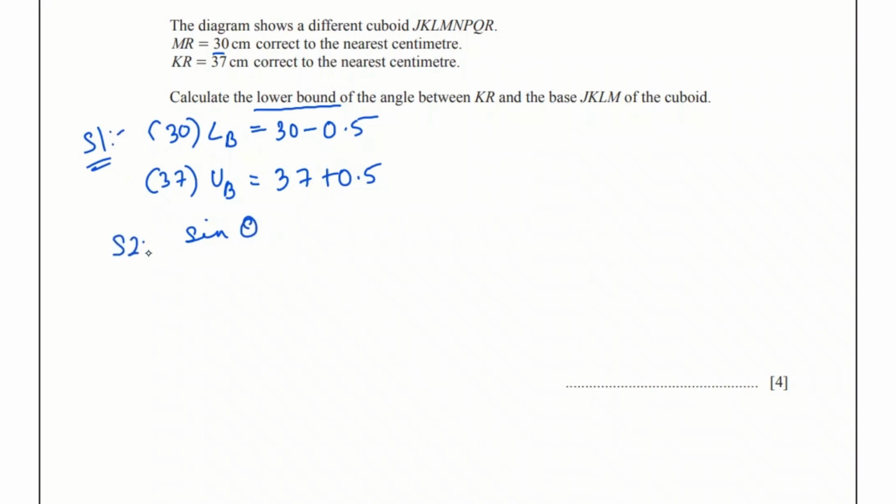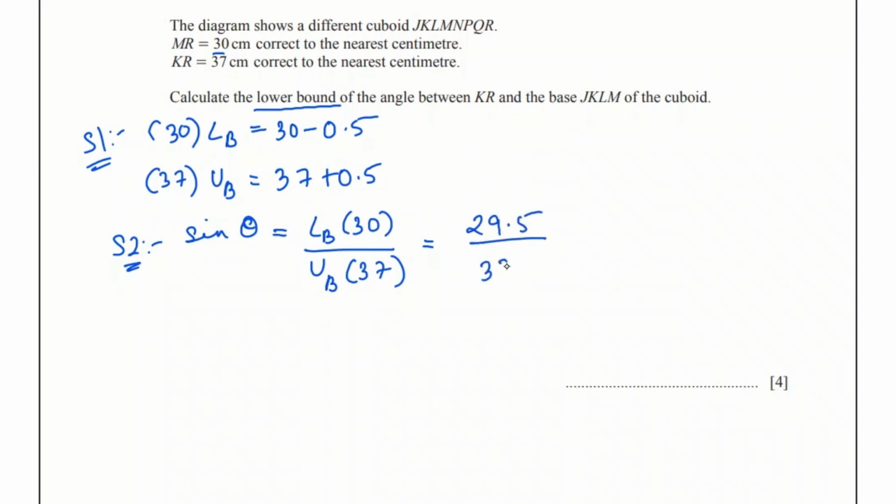Step 2, it is going to be the lower bound of 30 and upper bound of 37, so we get 29.5 and 37.5.